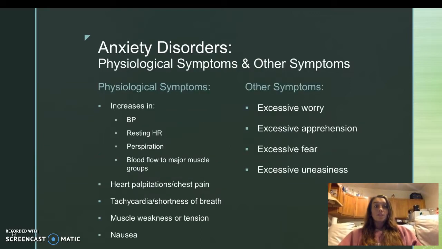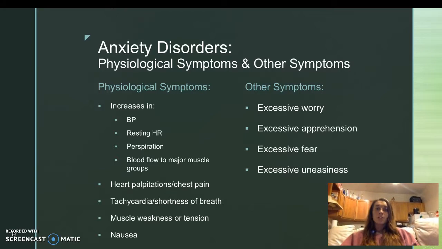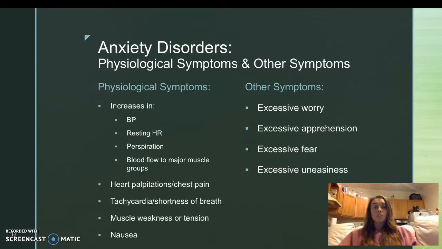They come with a lot of physiological symptoms as well as other symptoms. Physiological symptoms include increases in blood pressure, resting heart rate, perspiration, and blood flow to major muscle groups. Other physiological symptoms include heart palpitations, chest pain, tachycardia, shortness of breath, muscle weakness or muscle tension, and nausea.